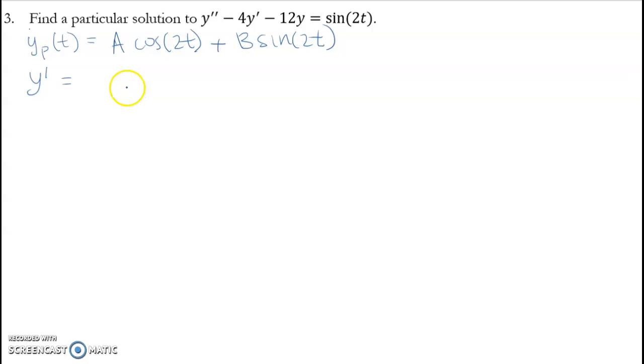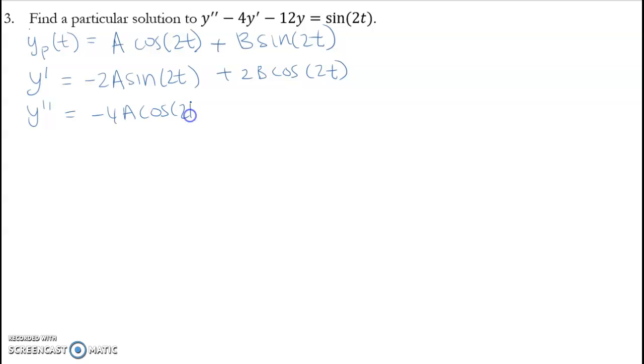The first derivative would be -2a sine of 2t plus 2b cosine of 2t, and y double prime would be -4a cosine of 2t minus 4b sine of 2t. Plugging things into our original equation, it's going to be a long one.